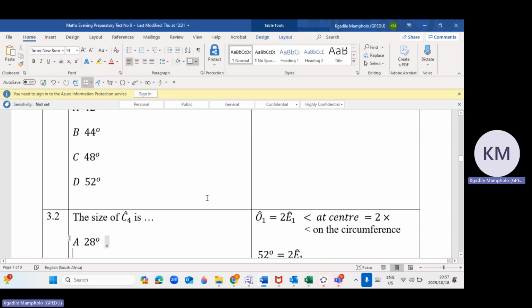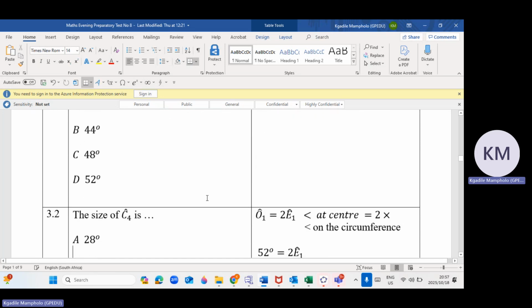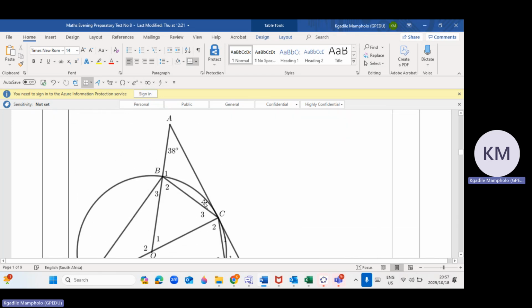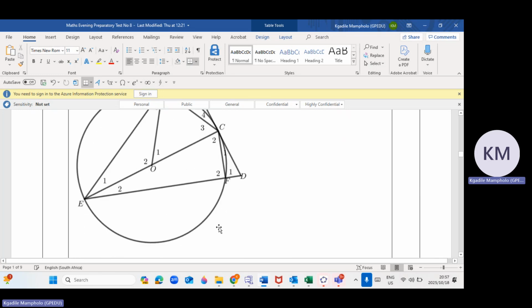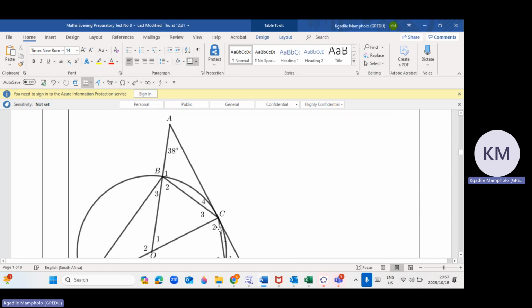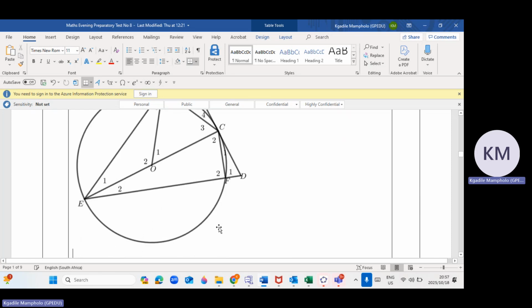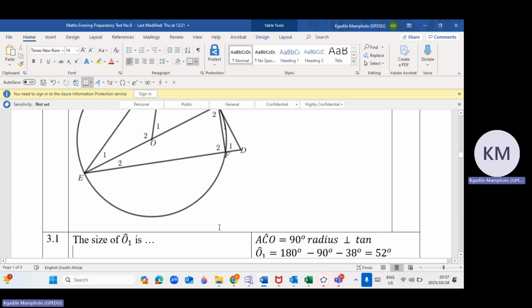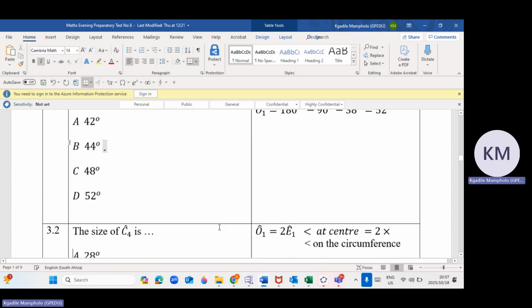The second sub-question of number 3 says, calculate the size of C4. Let's check where C4 is. C4 is here. For C4, we can apply the tan-chord theorem.